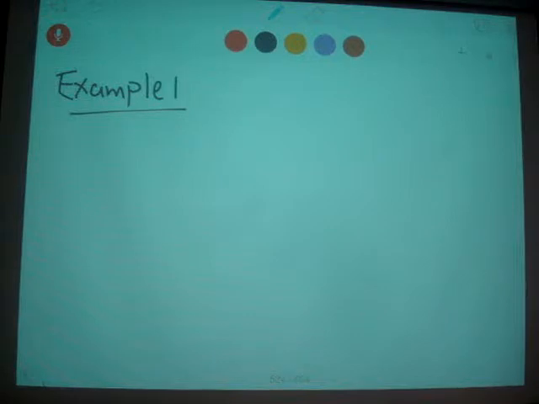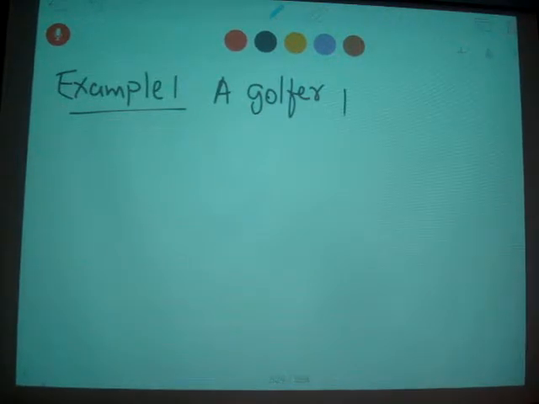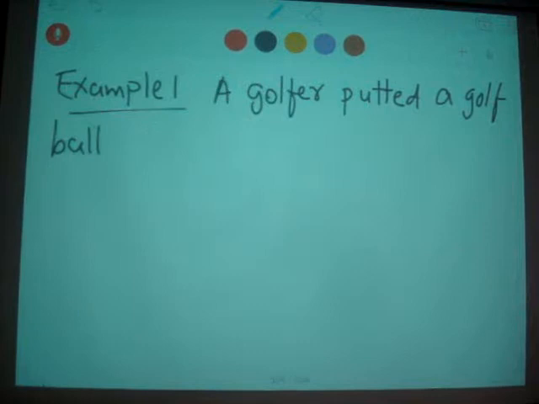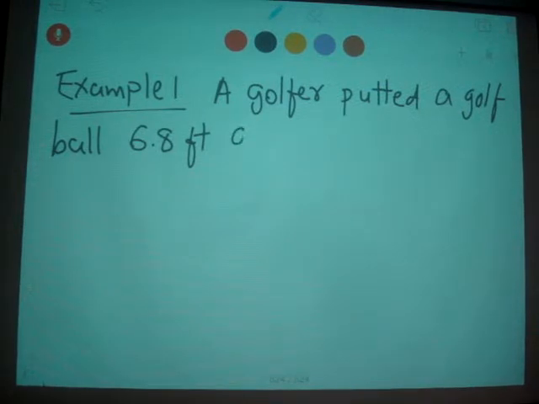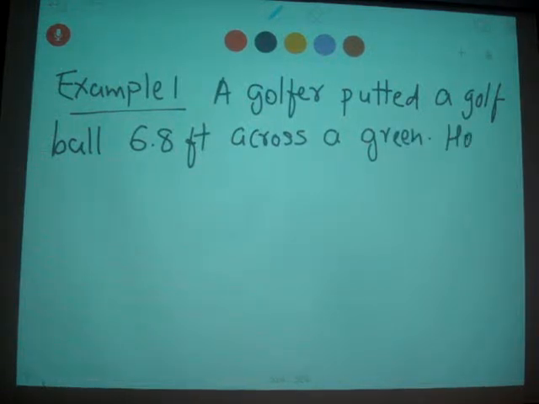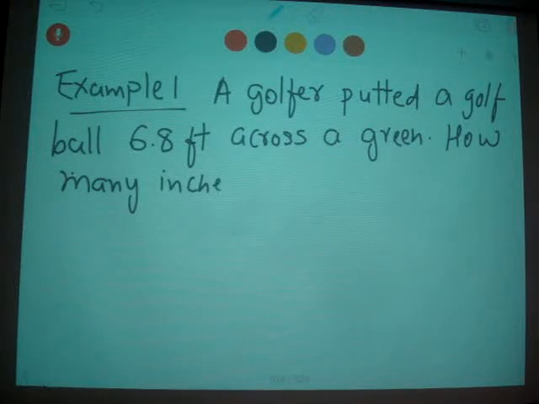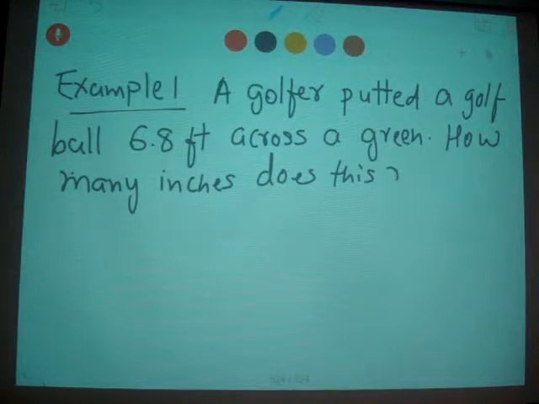A golfer putted a golf ball 6.8 feet across a green. How many inches does this represent?